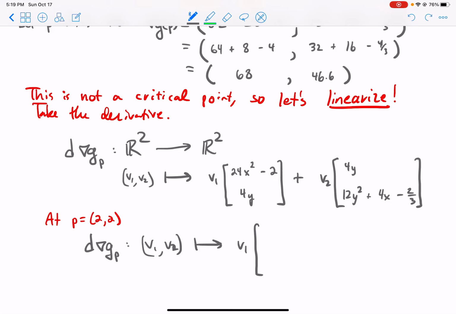So this becomes 24 times 2 squared minus 2, and this becomes 8. And then v2 times 8, and then I plug in 2, 2 and I get 12 times 2 squared plus 4 times 2 minus 2/3.